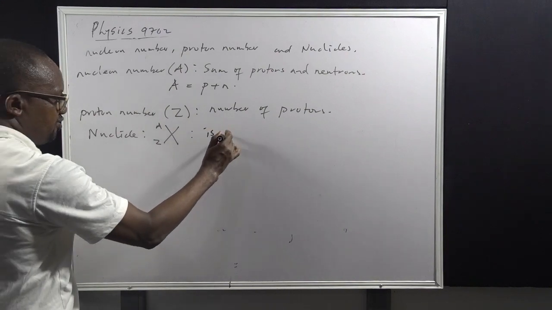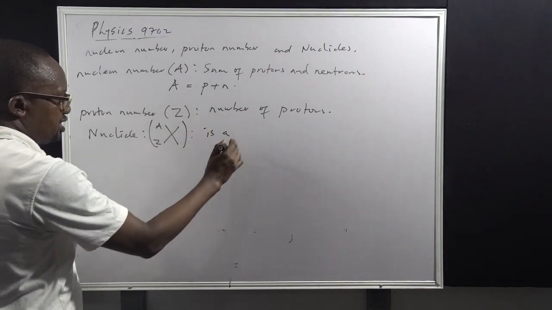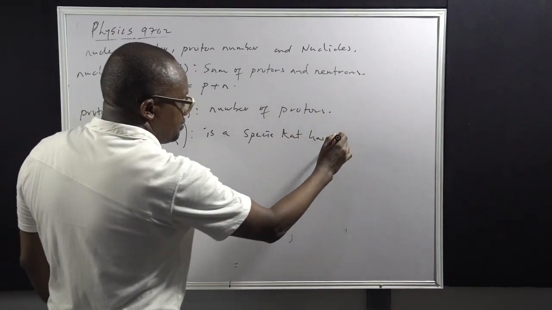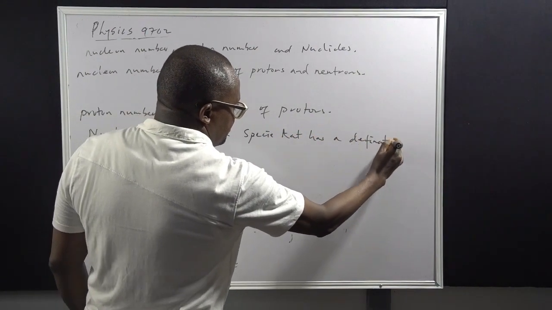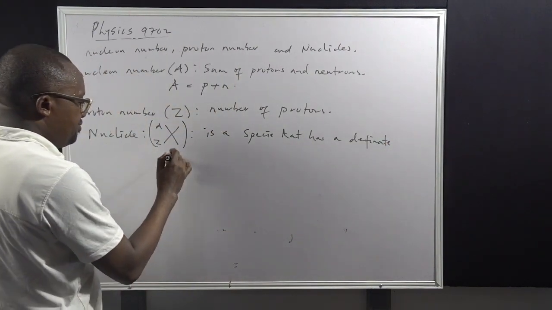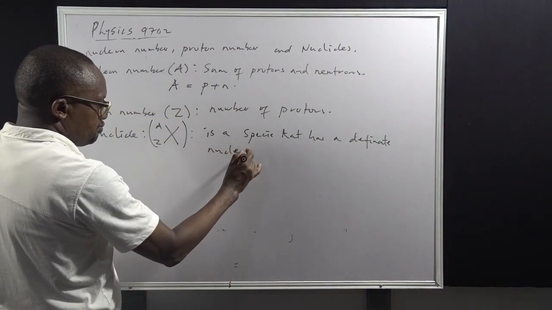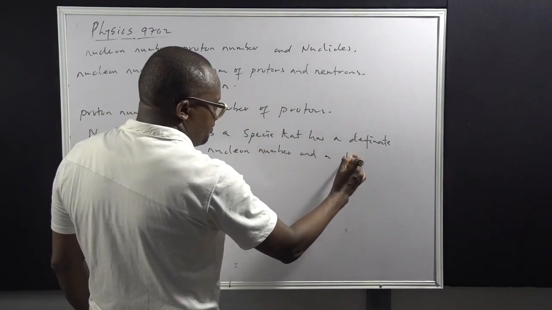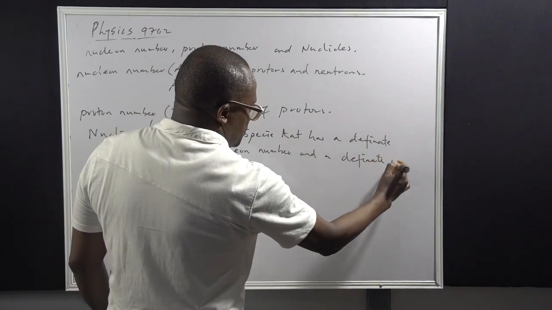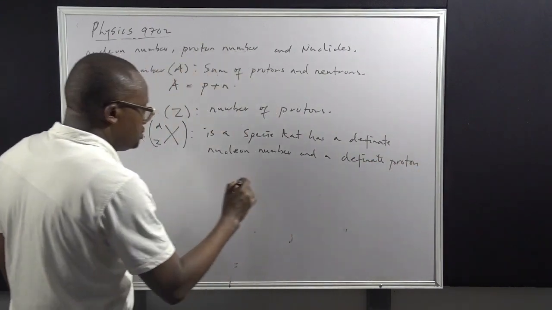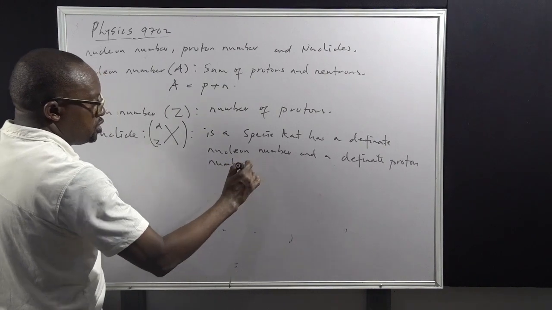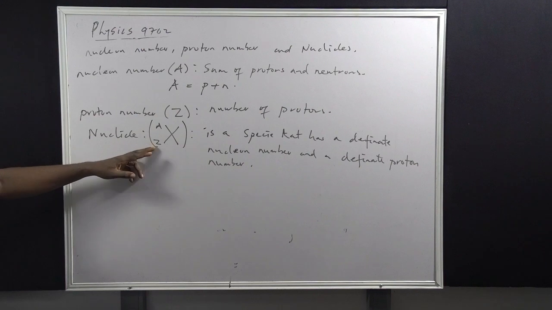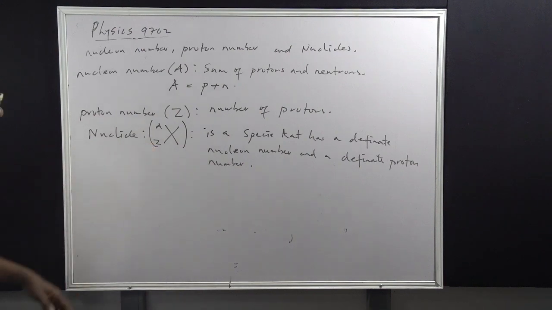It is a species that has a definite nucleon number and a definite proton number. So any species with a definite nucleon number and a definite proton number is a nuclide.